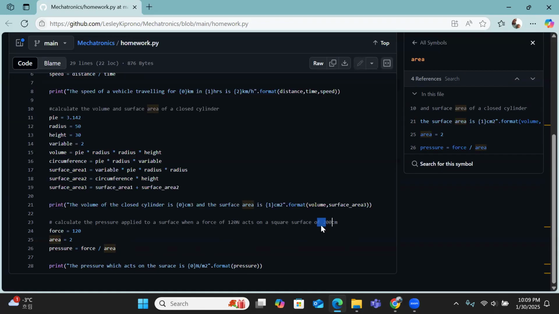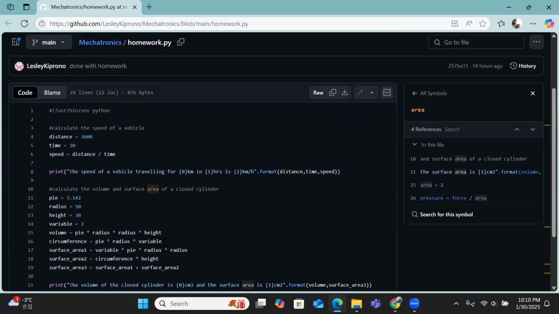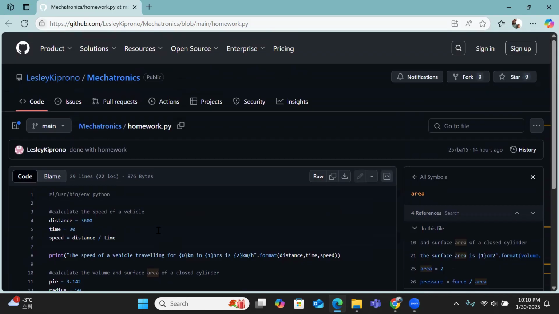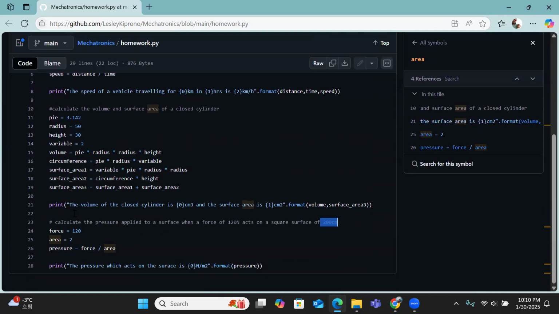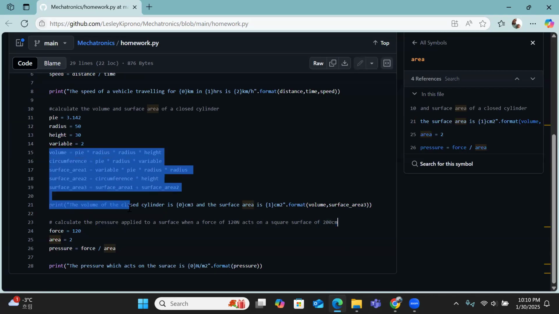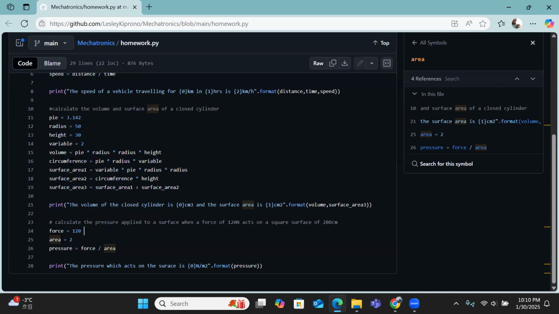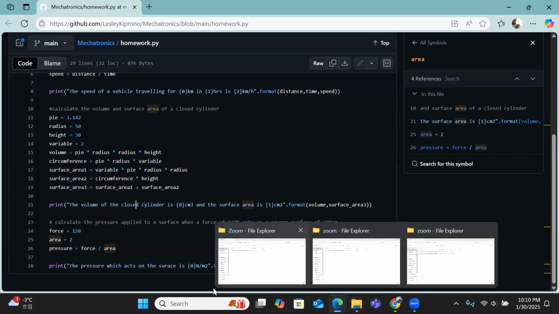I should have specified it's of length. Yes, I should have specified it. But the whole idea I wanted you to know is how to print and how to do the mathematical operations. Okay, good. So let's continue.